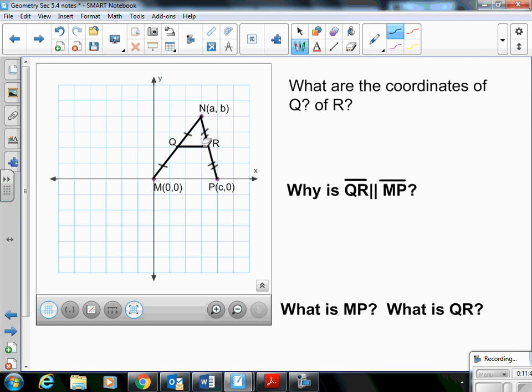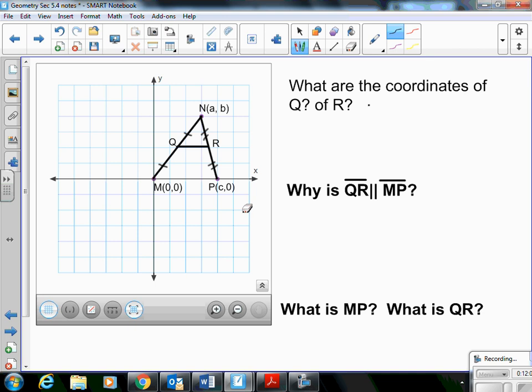And so if they're midpoints, then we would need to use the midpoint formula to find the coordinates. The trick here, though, is that the coordinates they gave us are not number coordinates, they're letter coordinates. But the math is still the same.